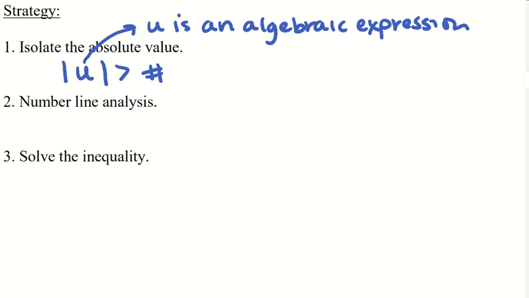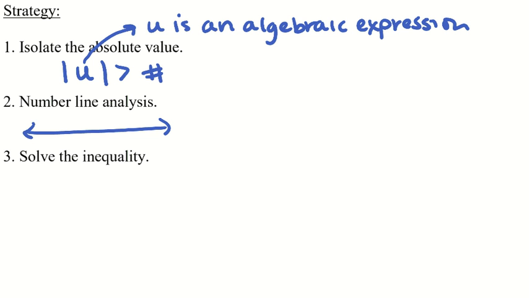We'll have an inequality sign and we'll have a number. Okay, then we're going to do some number line analysis. We're going to go on a number line and say, okay, this is where the absolute value of a thing is, say, greater than 10. And then we will look at the intervals that we shaded on our number line, set up inequality or inequalities, and then solve.